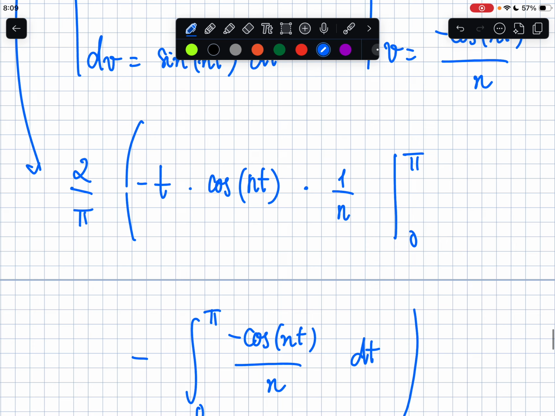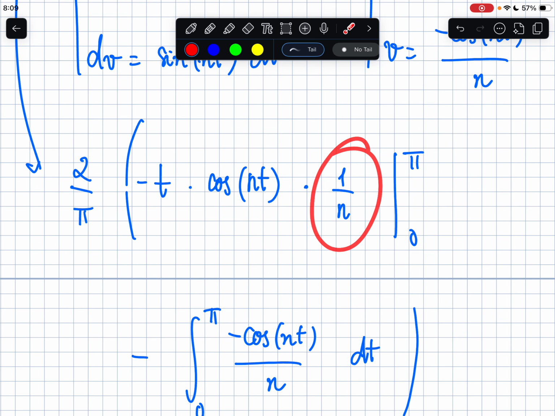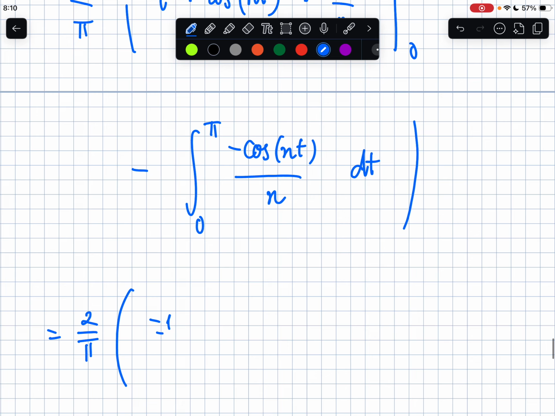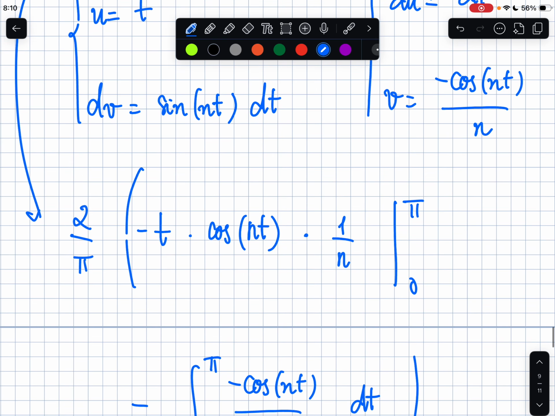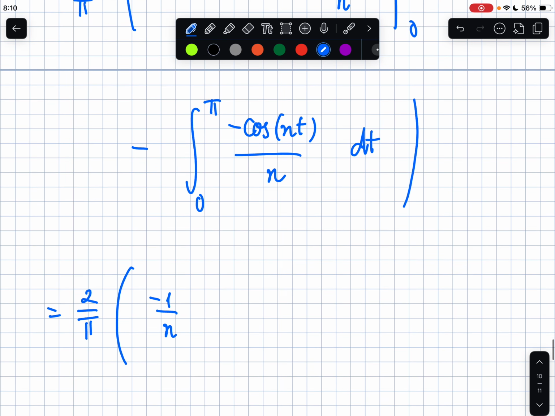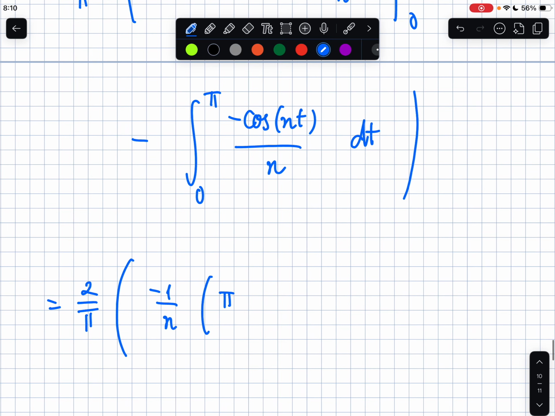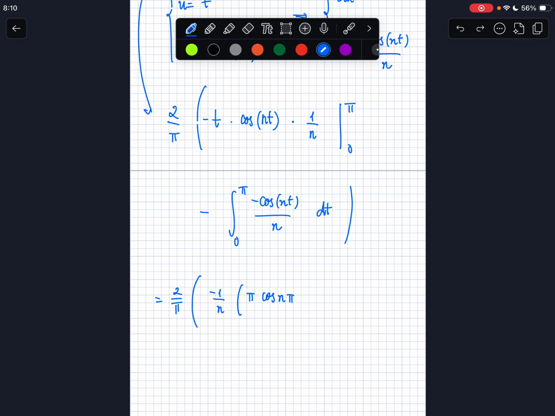Inside you have minus 1 over n times pi cosine(n pi) minus 0, that for the first term.